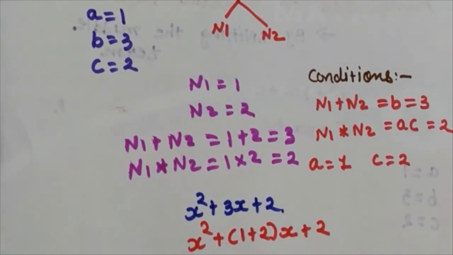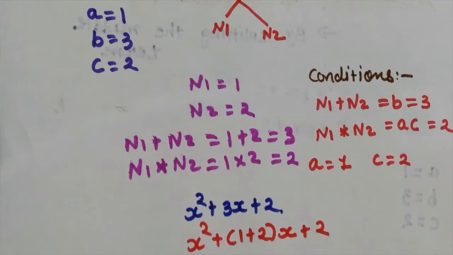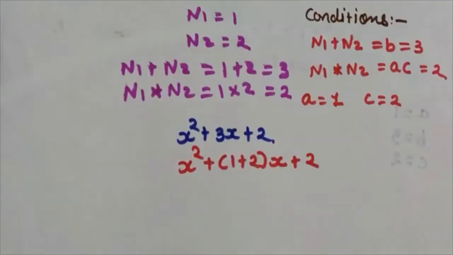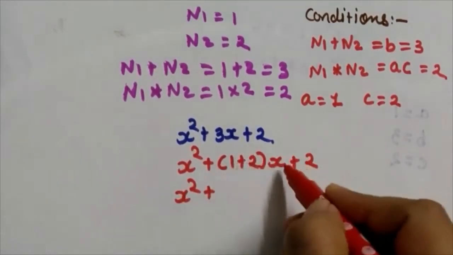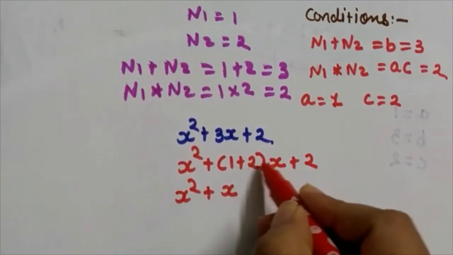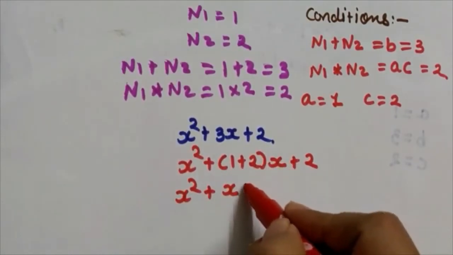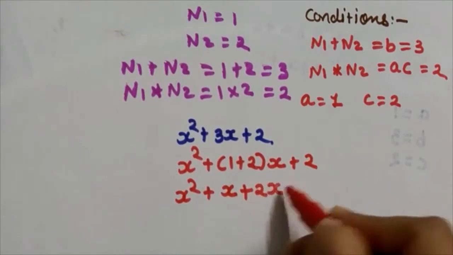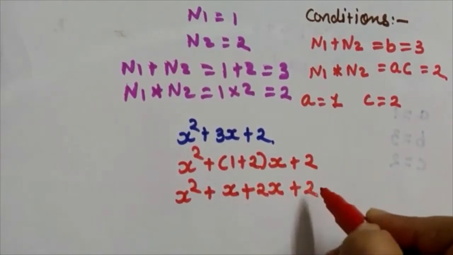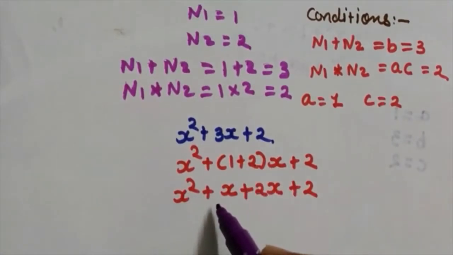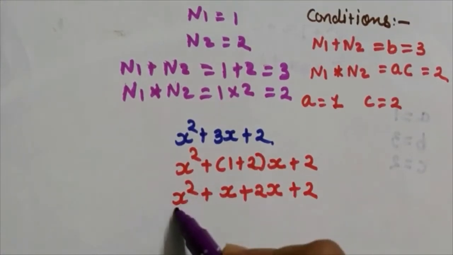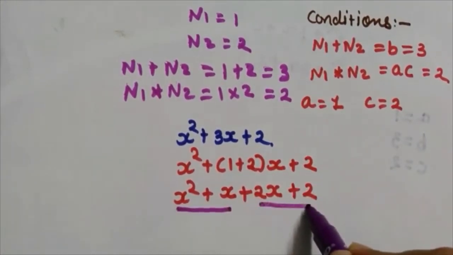So x square plus in bracket 1 plus 2x plus 2. After expanding the bracket, we can write x square plus 1 multiplied by x, that is x, 2 multiplied by x, that is 2x, plus 2x and plus 2. Now we can use grouping method by considering these two groups, x square plus x and 2x plus 2.